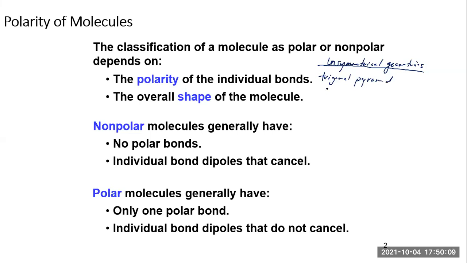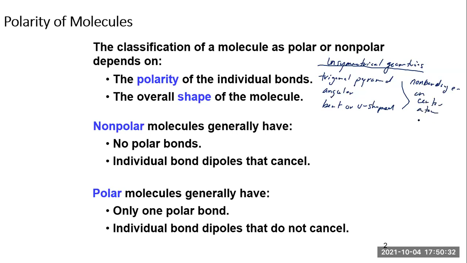That is your angular, your bent or V-shaped. And I think that's all we did in this class. And basically what all these have in common is when you draw your Lewis structure, there are non-bonding electrons on the center atom.